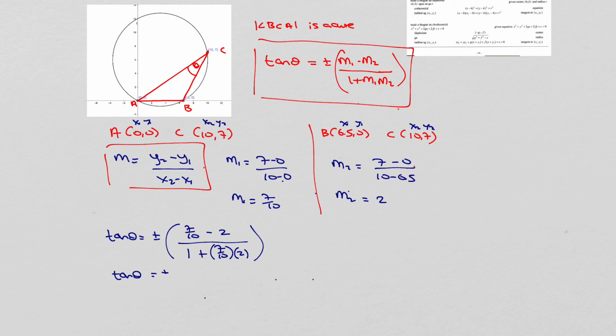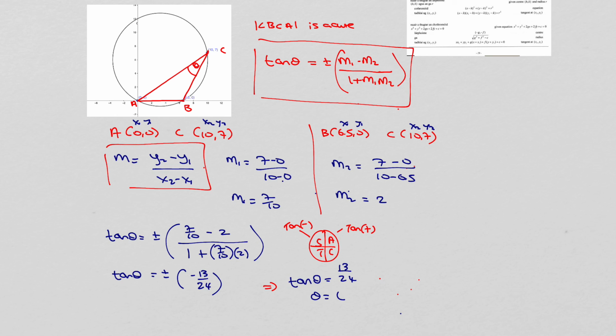So that gives me tan theta. If I put that into my calculator, I get minus 13 over 24. So because I'm looking for the acute angle, I'm going to take the absolute value, because tan is positive in the first quadrant, so acute, whereas tan is negative in the second, which would be the obtuse. So we're going to get 13 over 24.